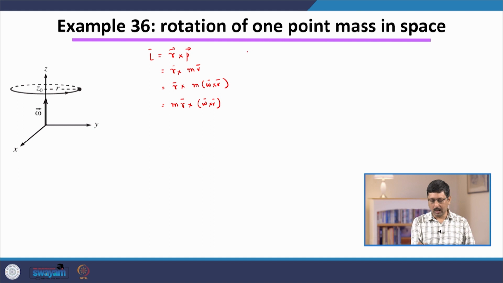So, let us say what is r. So, r is x, y and z.